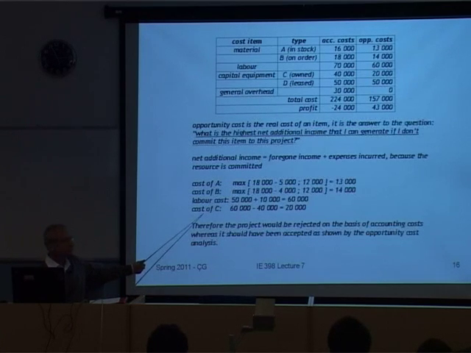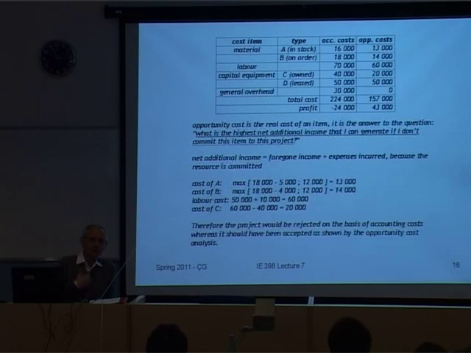Cost of C is 60,000 minus 40,000, which is 20,000. Why? Because, again, ask yourself the question: if I don't use C, what income can I generate?